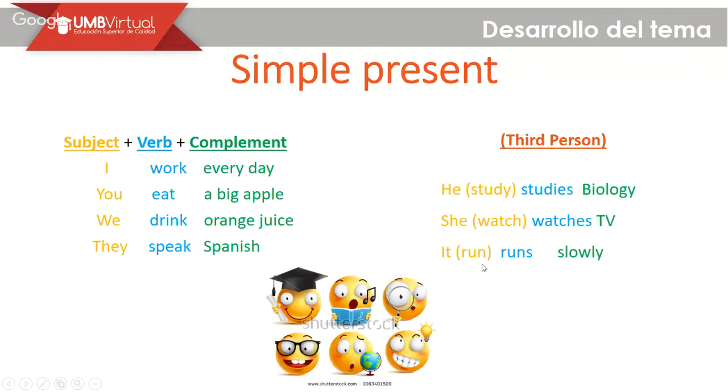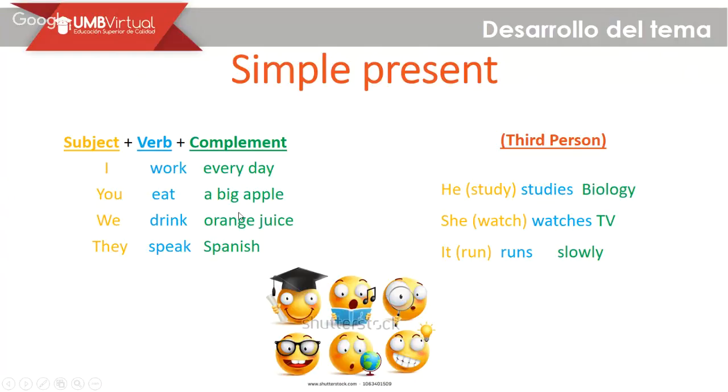Y generalmente en la mayoría de verbos vamos a agregar solo una S. But it depends according to the verb. You have to be focused on the consonant or the vowel that is before the final letter.